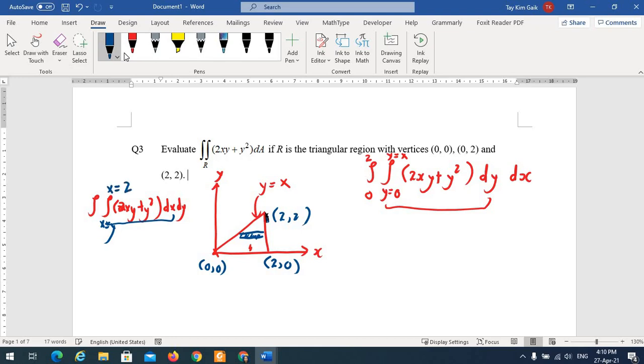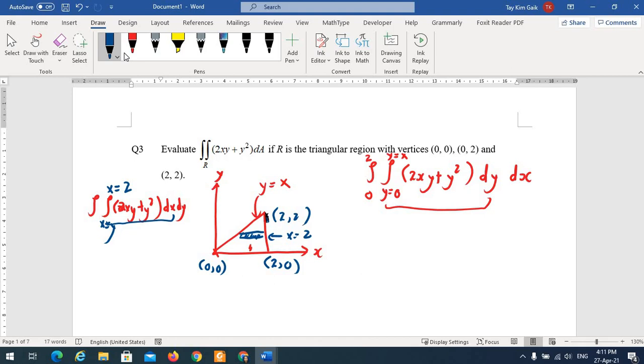If you use dx dy, the lower limit is your left curve, making x the subject. So x equals y, and the lower limit is y, up to 2. The left curve is x equal to y, and the right curve is x equal to 2.